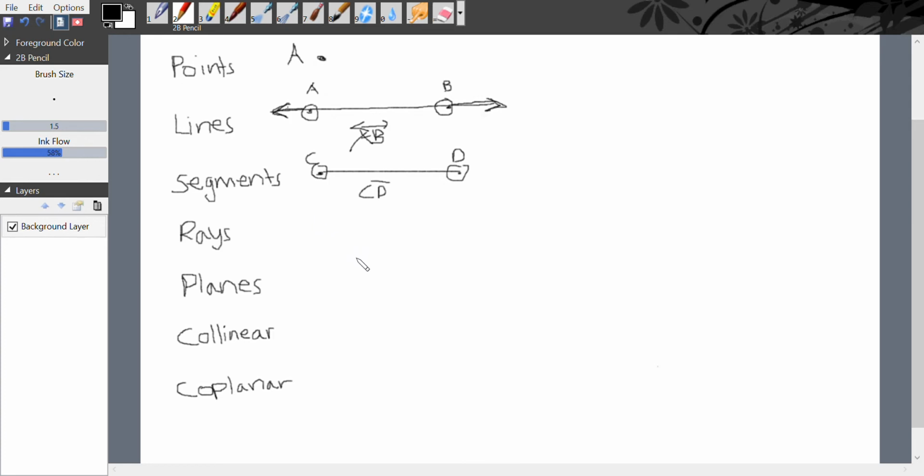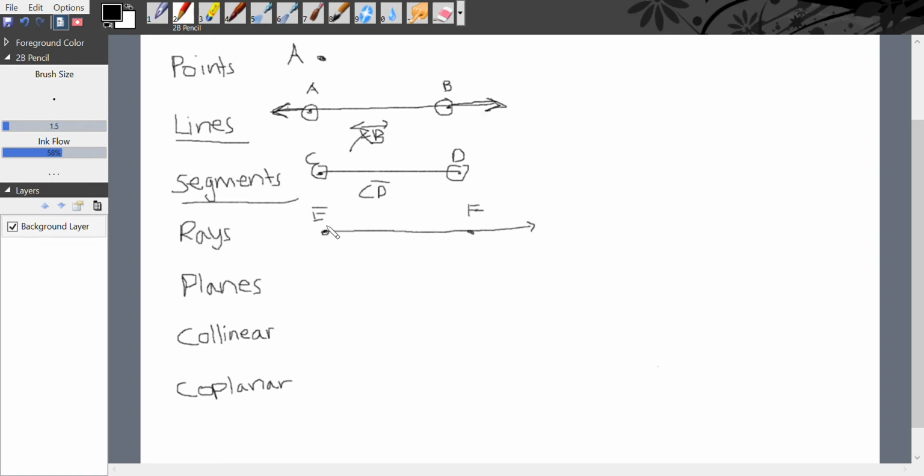Next, we're going to be talking about rays. So rays are almost like a combination of both lines and segments. So we're going to be drawing point E. Let's also draw point F. Okay, we're going to draw a line straight through point F. So as you can see, it takes on both properties of lines and segments almost.